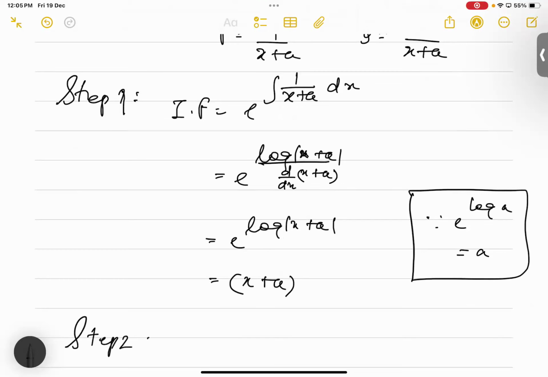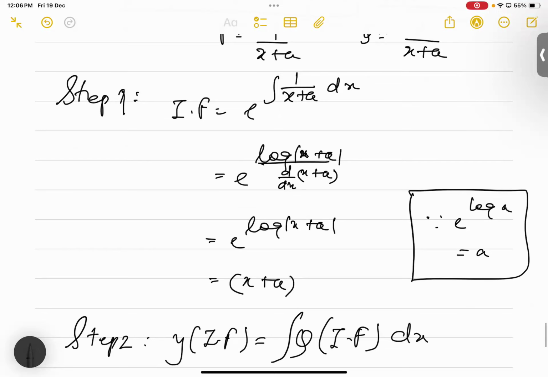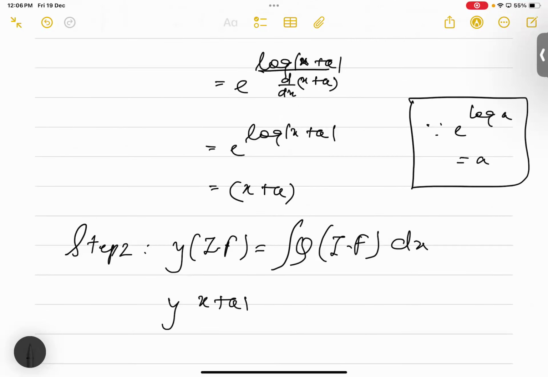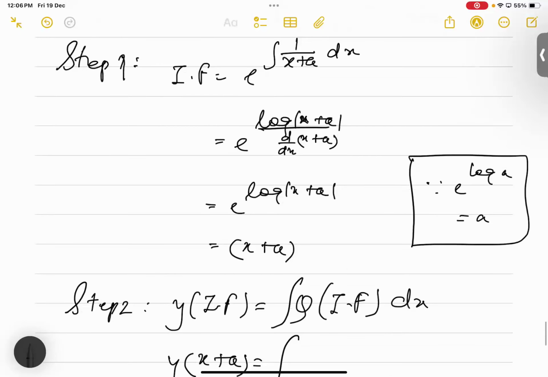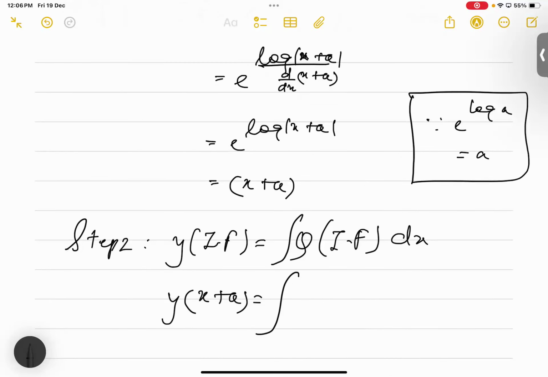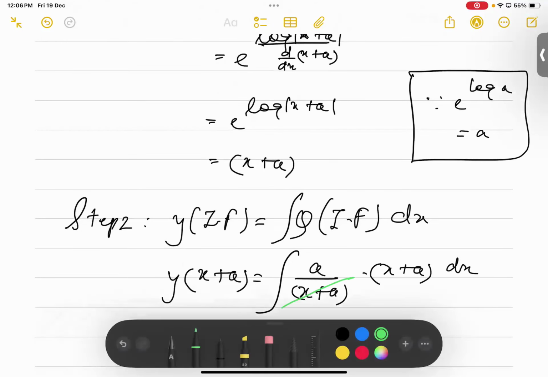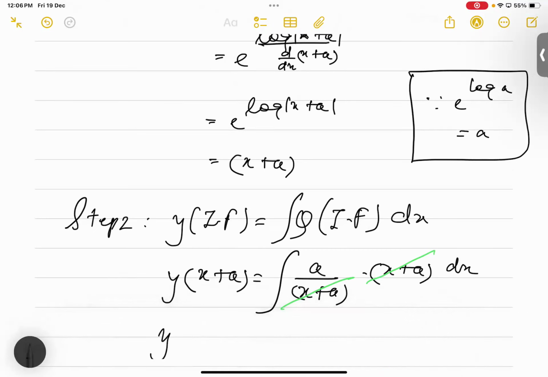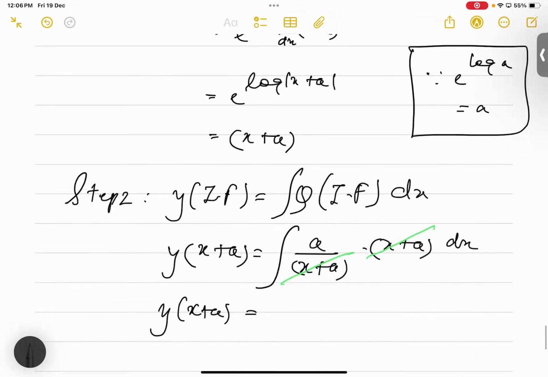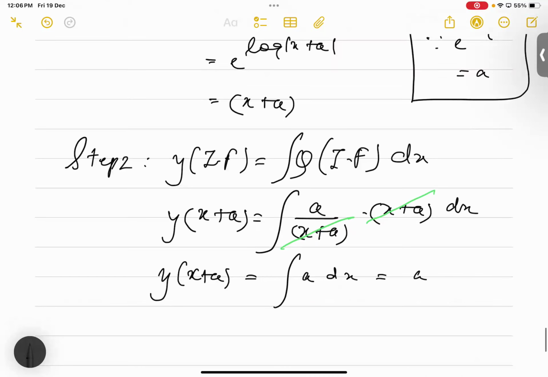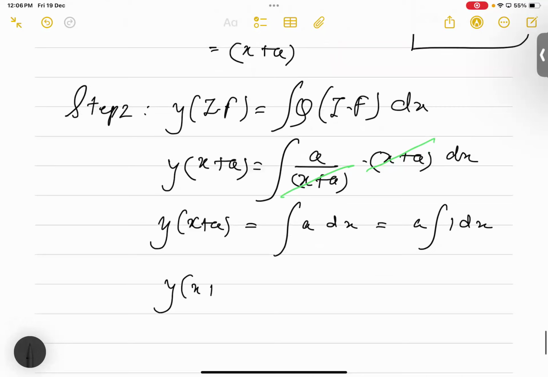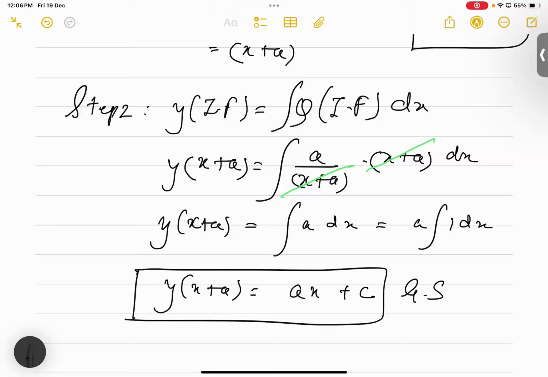Step 2, you can do it on your own. This is the solution.